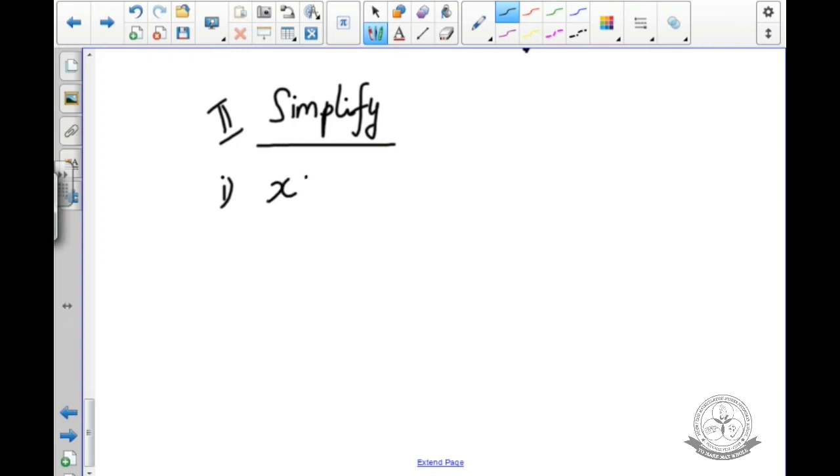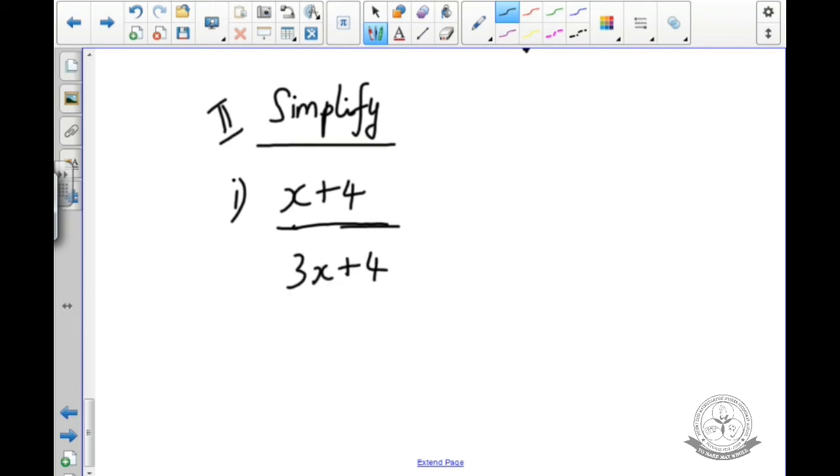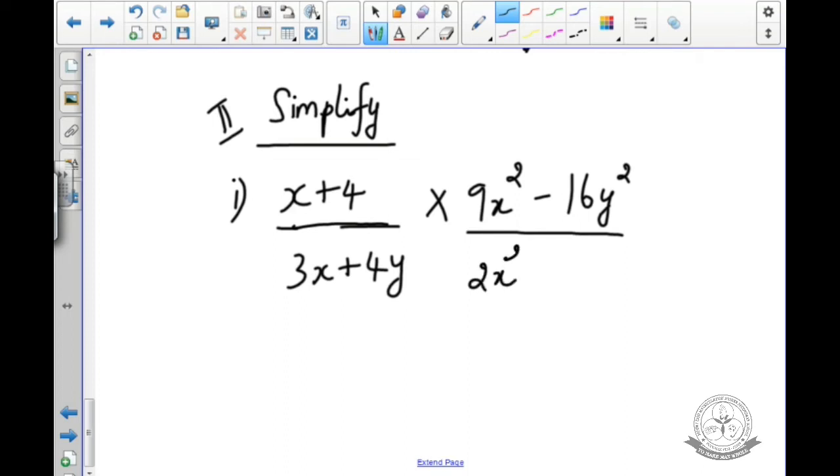Here I am having x plus 4 divided by 3x plus 4y into 9x square minus 16y square divided by 2x square plus 3x minus 20.